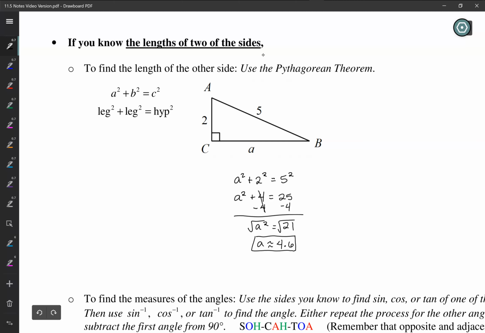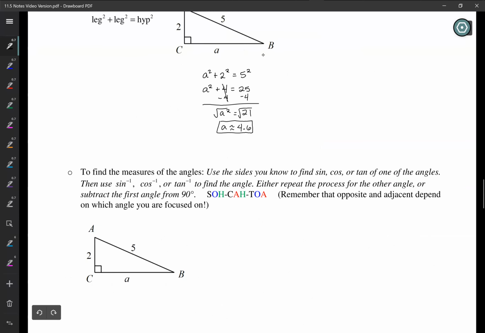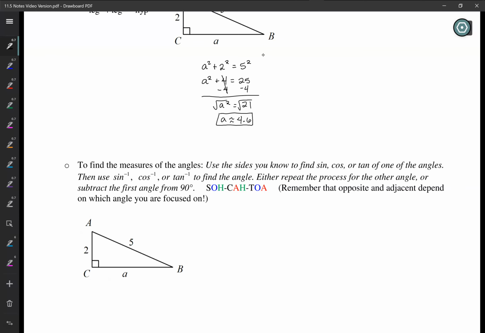So what about the angles? In order to find the angles, you're going to use the inverse functions: inverse sine, inverse cosine, inverse tangent, the ones with the little -1 on them. And you can either do this for one of the angles and then subtract your answer from 90 degrees to get the other one, or you can do this process for both angles.